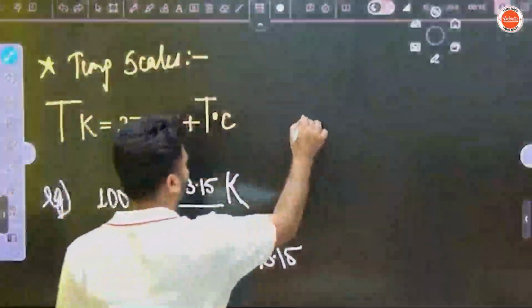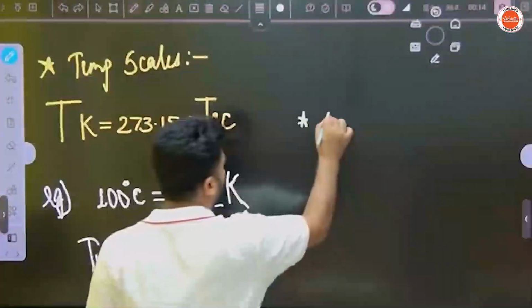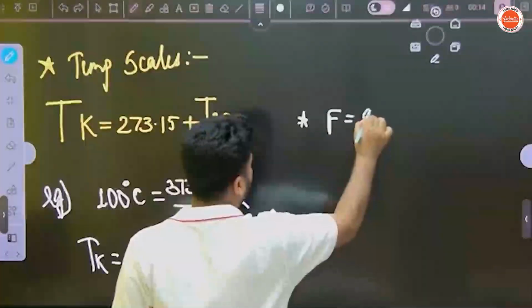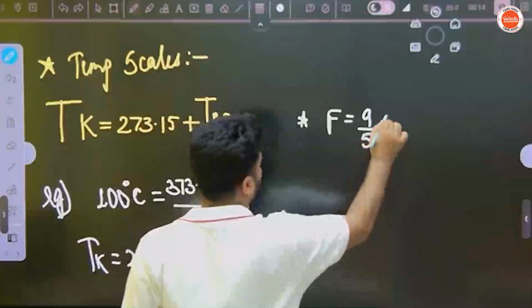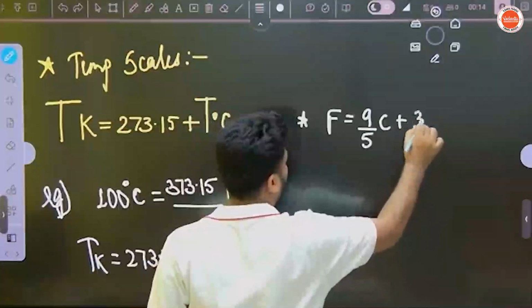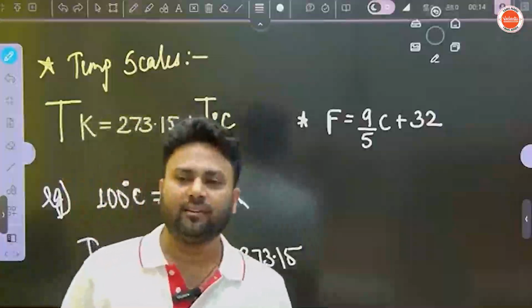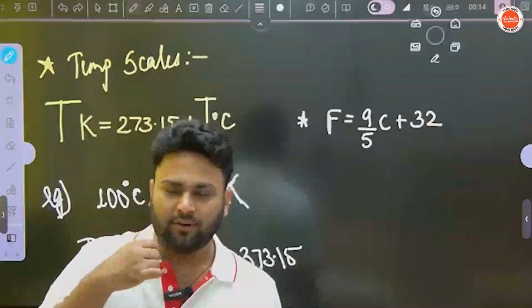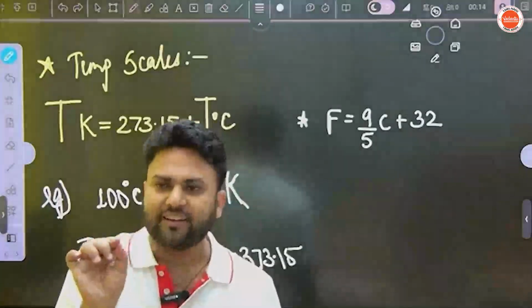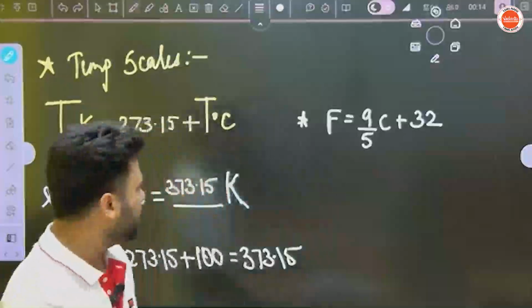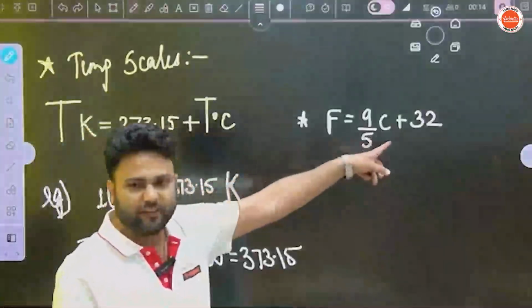The second relation which is important: temperature in Fahrenheit equals 9 by 5 C plus 32. Where have you seen Fahrenheit? In a thermometer. When we have a fever, that temperature we get, like 99 or 100, is in Fahrenheit. So temperature in Fahrenheit equals 9 by 5 C plus 32.